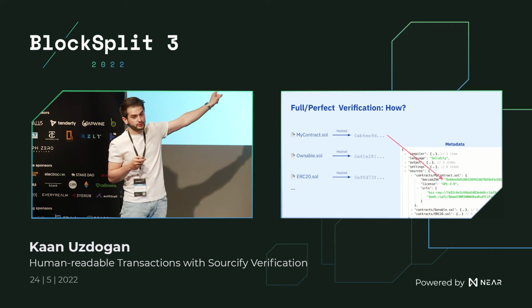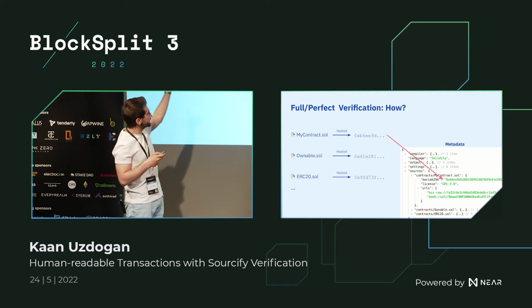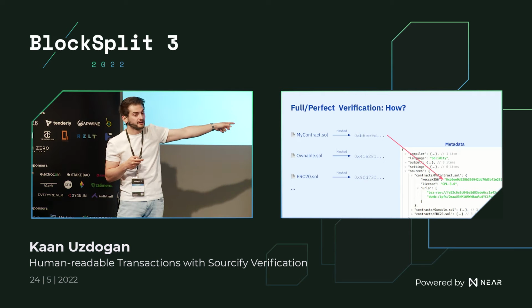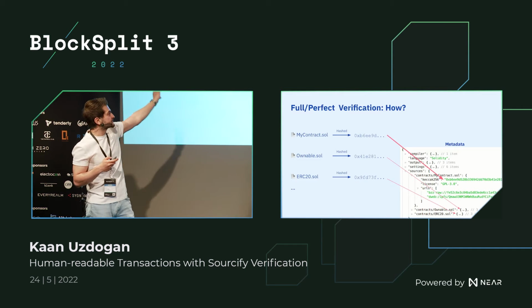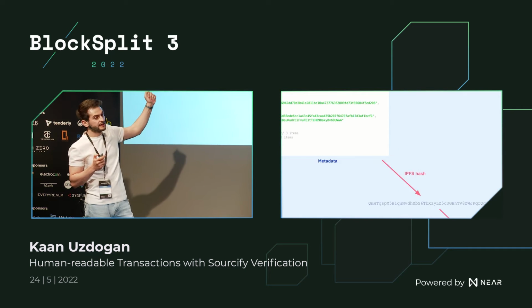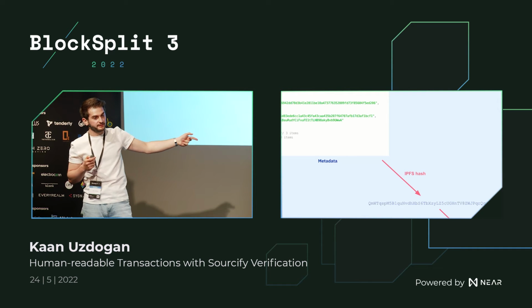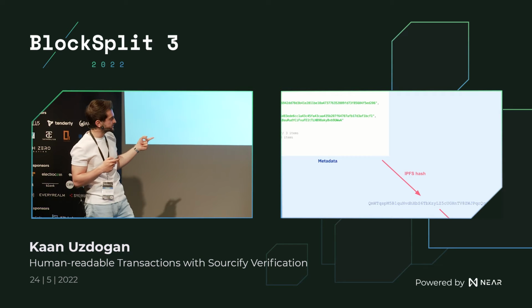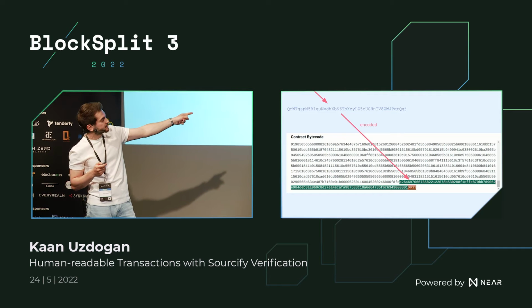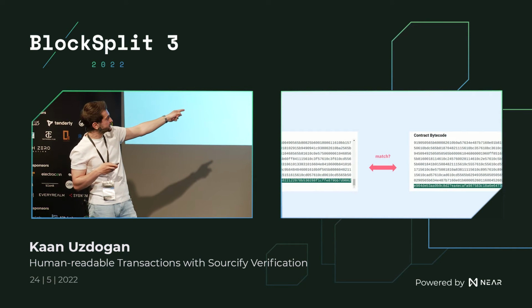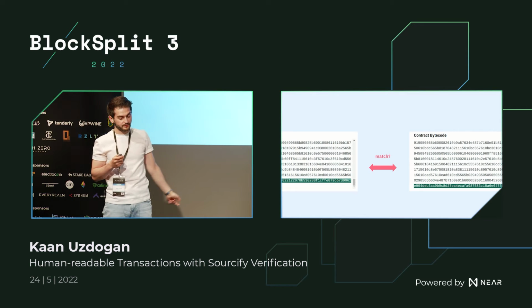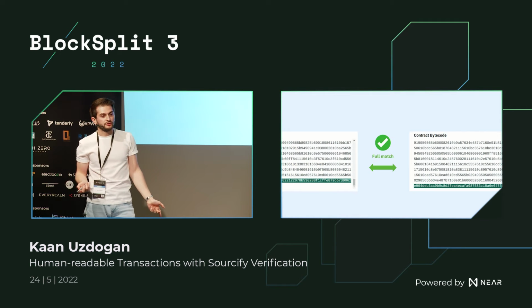Remember, there was a sources field in the metadata file, and these hashes are embedded there, as well as the other sources having their own fields. Then the hash of this metadata file is taken, which in this case is an IPFS hash, and this hash is encoded here. And if there's a match, then the IPFS hashes also match. That's what we call a full match.